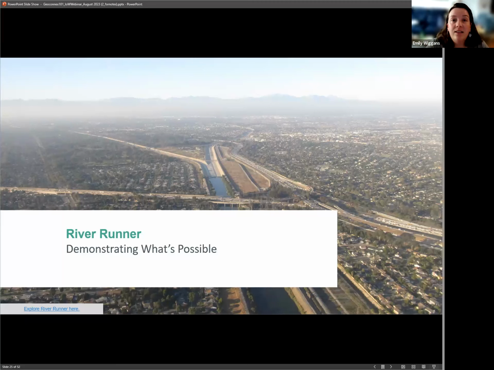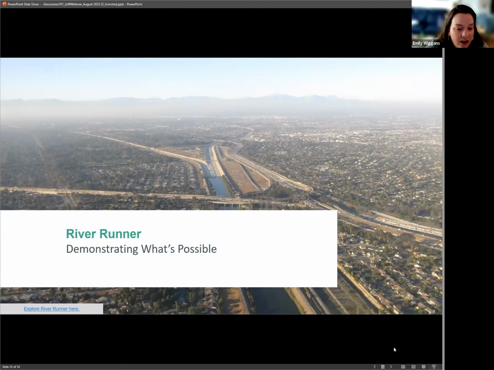And Geoconnex is allowing this view of the river to be possible. It's allowing for the interoperability to see all of the data that you can find in the real world along this river. And we are excited that when there is a Geoconnex API anticipated next fall, other perhaps super users will be able to build on further technology like River Runner.